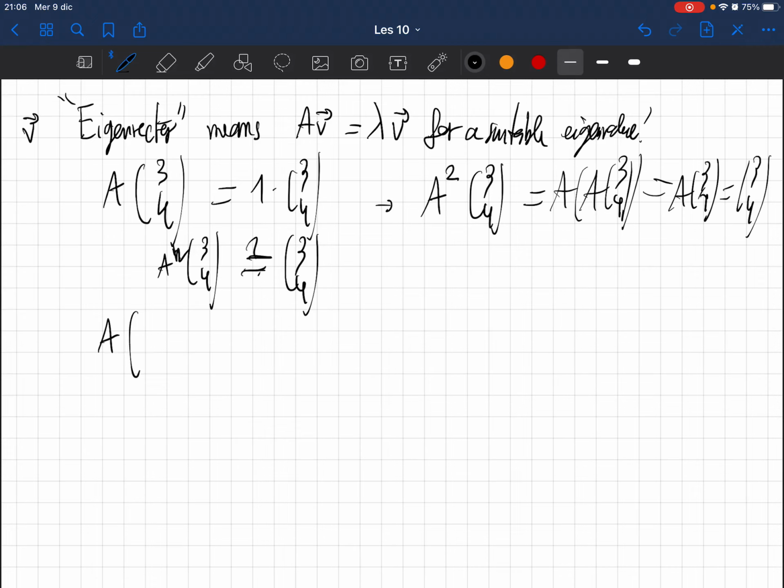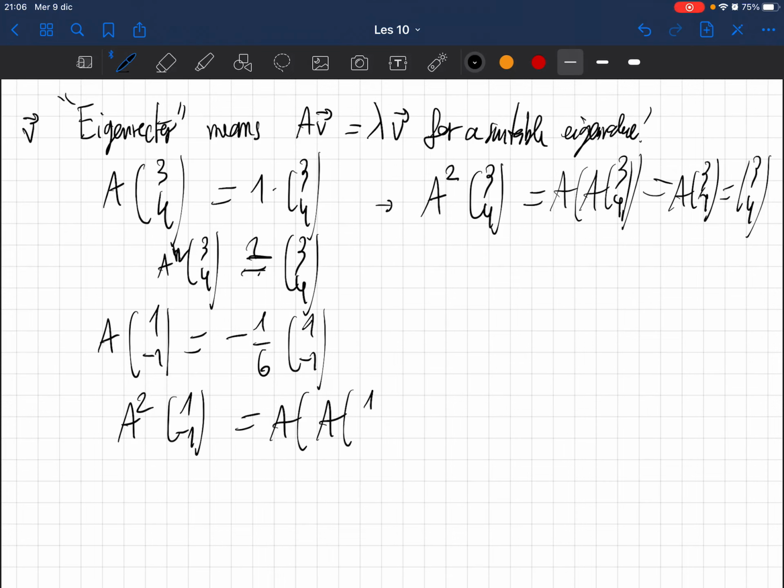What about the other one? (1, minus 1) gives minus 1/6 times (1, minus 1). What about A squared? It's A applied to minus 1/6 (1, minus 1), but the minus 1/6 you can put out front.